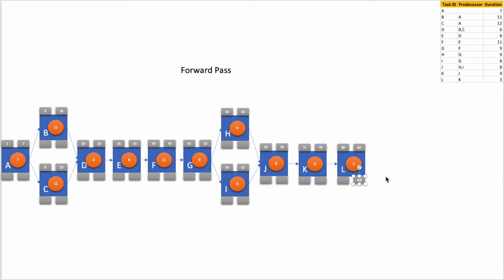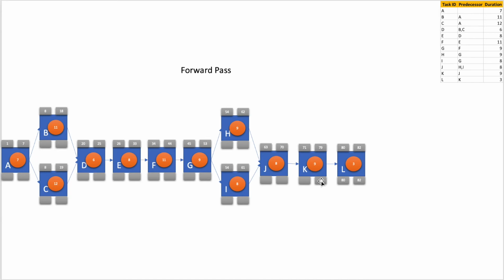Now, if this project takes 82 days, I consider that activity L's late finish is 82. So from the late finish of activity L, I can calculate the late start of activity L. That is 82 minus 3, 79 plus 1, 80. So this is the late start of activity L. Now, if activity L starts on the 80th day, then activity K should finish one day before that.